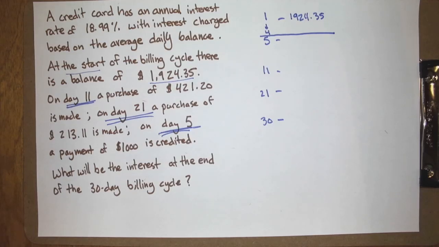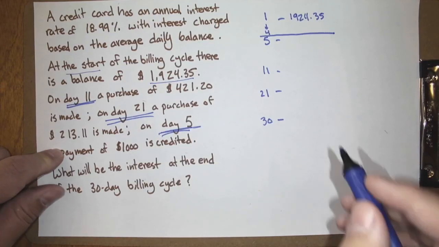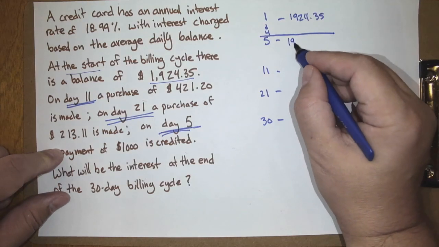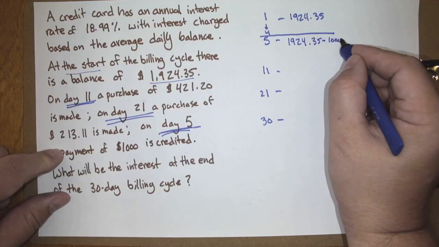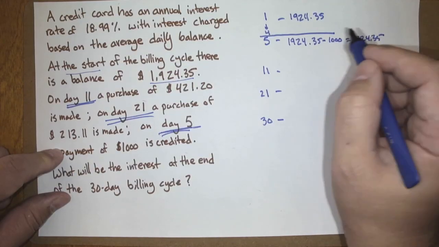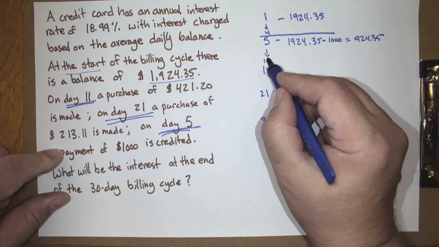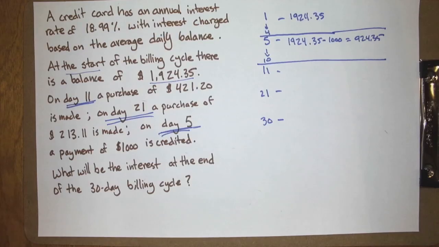On day 5, what happens? We made a payment on our credit card bill. What's the new total? $1,924.35 subtract the payment you made, which is $1,000, gives $924.35. That's going to be true up through day 10. Day 11 comes.